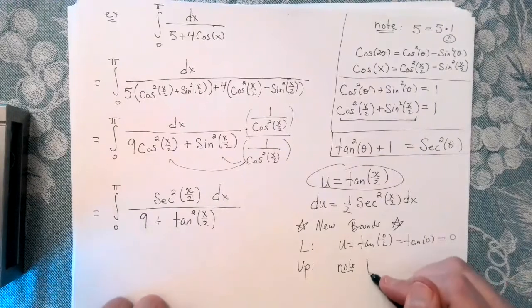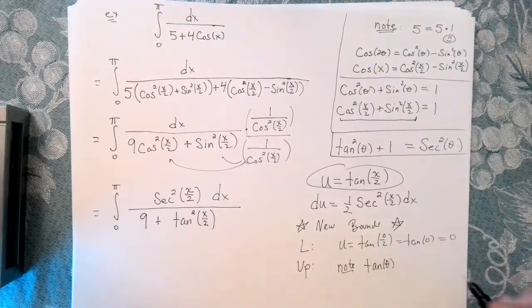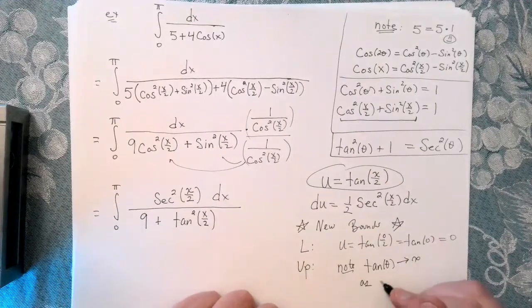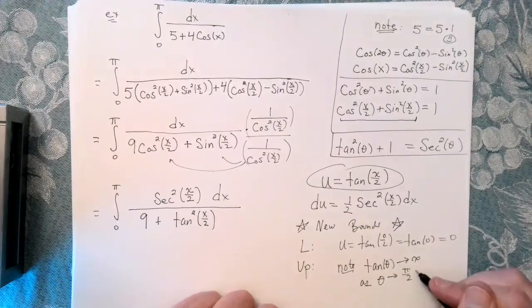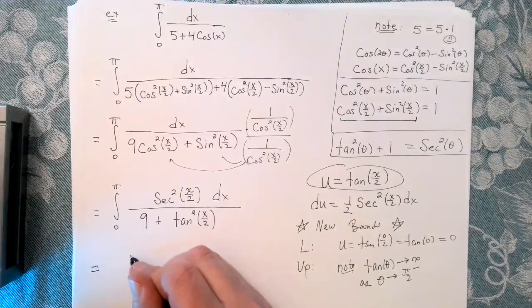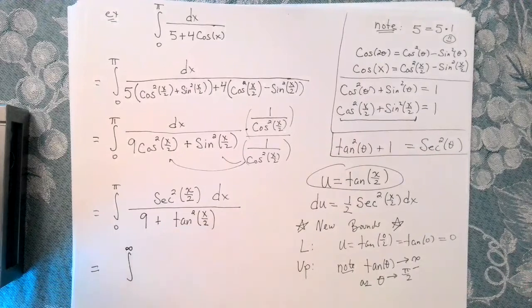Tangent of theta goes to positive infinity as theta goes to pi over 2 from the left. So what that means for me is that this upper bound is infinity, right? This is actually an improper integral.